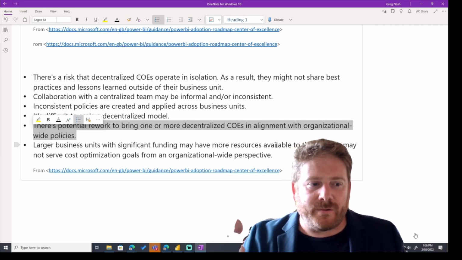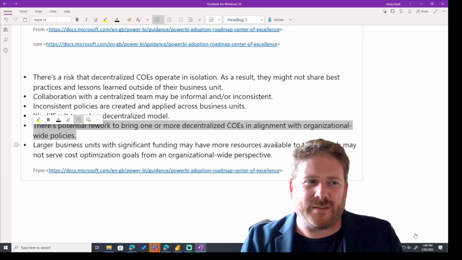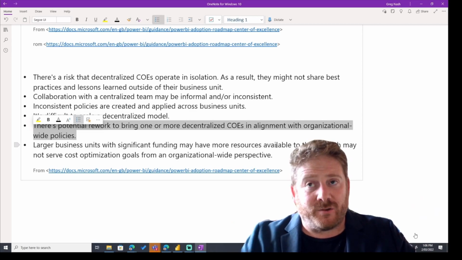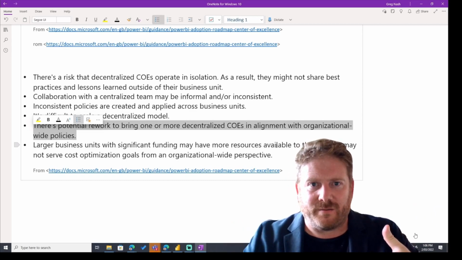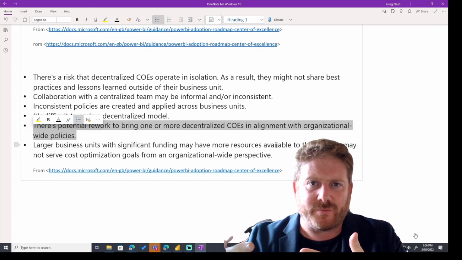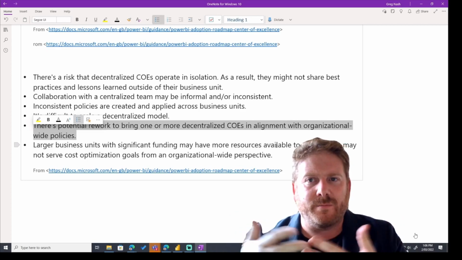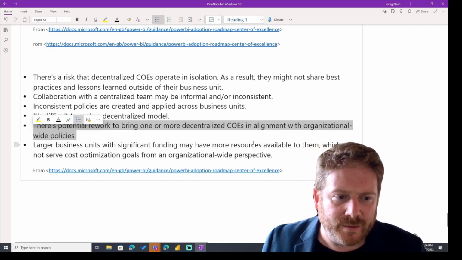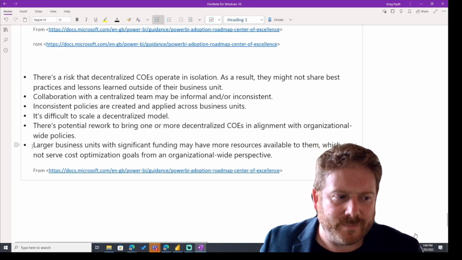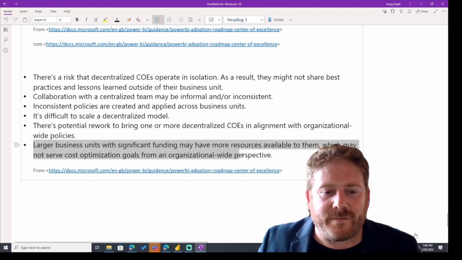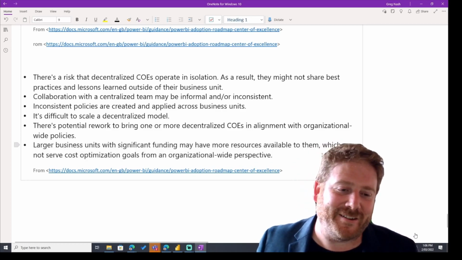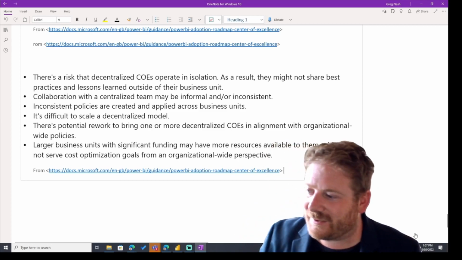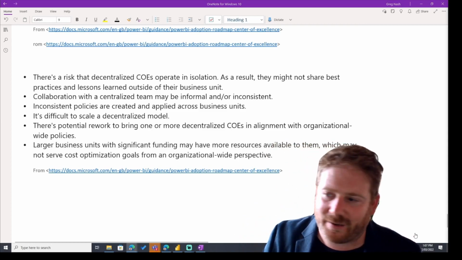And so if you've got a self-servicey decentralized approach, you've got all these people making all this content, and then you're trying to do a board report and they all look different. So you need to potentially rework these reports to make them fit a consistent model when you try to bring them together, when you're needing to do organizational-wide reporting. So that's really interesting. Large business units with significant funding may have more resources, and so there's potential imbalance associated with cost and funding.